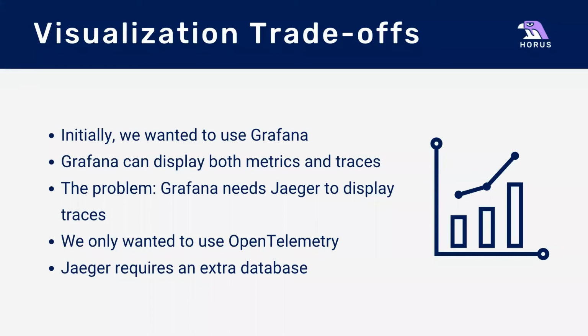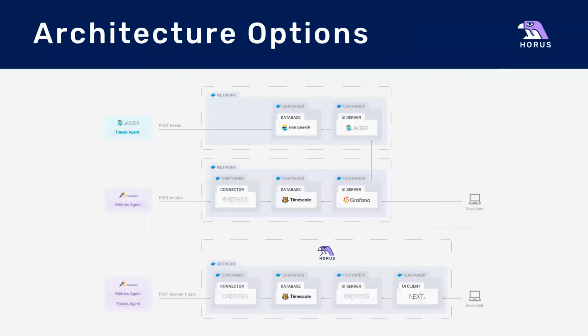The other drawback is that Jaeger can only store tracing data in either Cassandra or Elasticsearch. This meant we would need to have another database in the project, resulting in the architecture you see on the top diagram on the screen. This architecture works slightly different to the one Jose presented before.